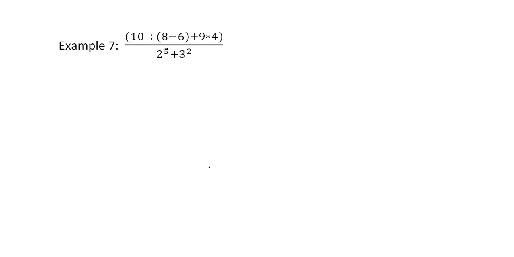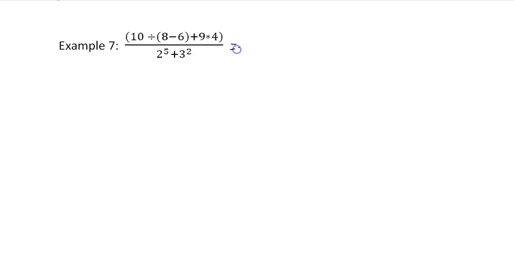All right. Let's take a look here. So I have a bunch of groupings. First of all, I have a grouping, it's a numerator, and I have a denominator, and then I have a grouping inside the numerator.